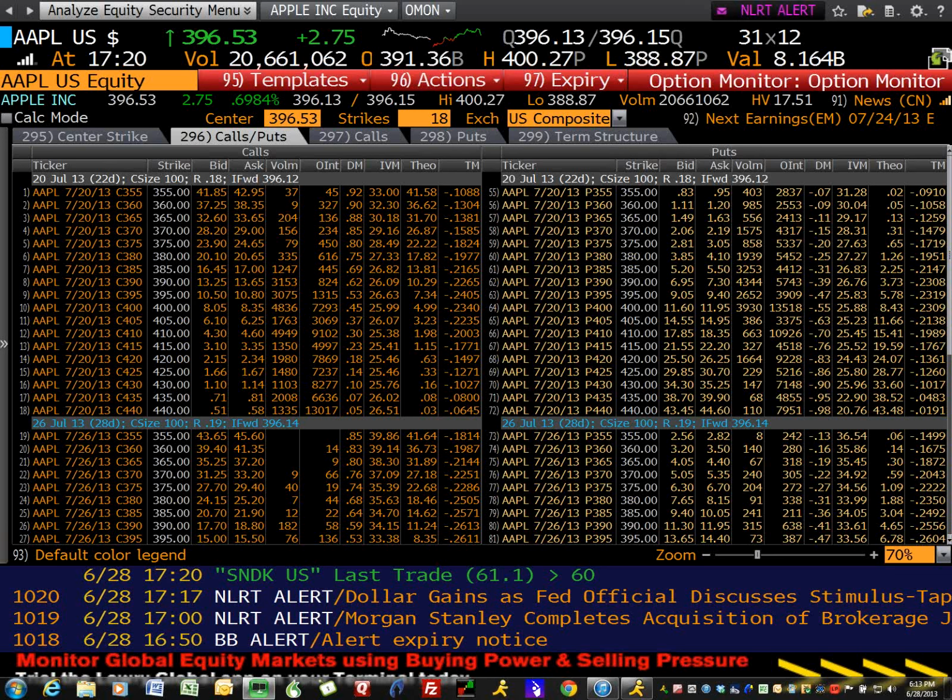Yeah. And understanding gamma is really not that critical unless you're trading near-the-money options right at expiration.